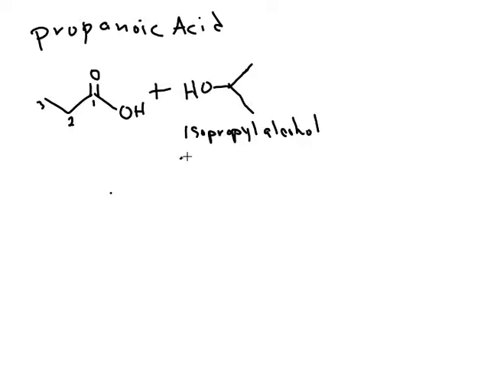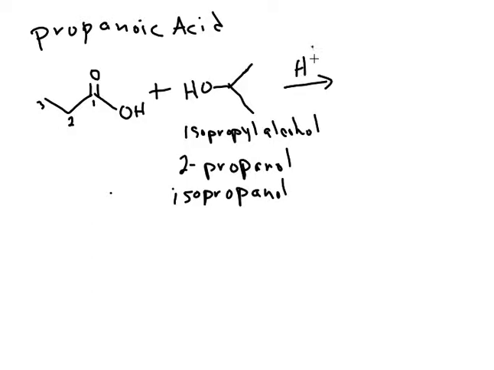Or it could also be called 2-propanol, or it could also be called isopropanol. Okay. To do this reaction, we need to add an acid catalyst, and so we'll do it that way.